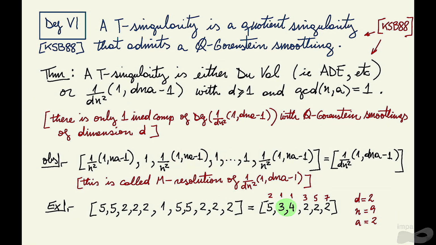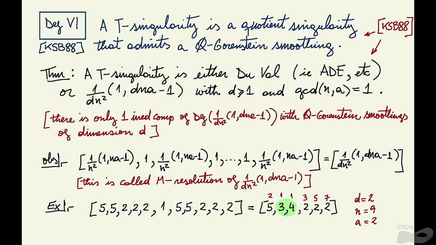When you say d minus 1, do you mean the ones or the Wahl singularities? So let us look at this example. There, this chain corresponds to d equals 2, n equals 9, and a equals 2.